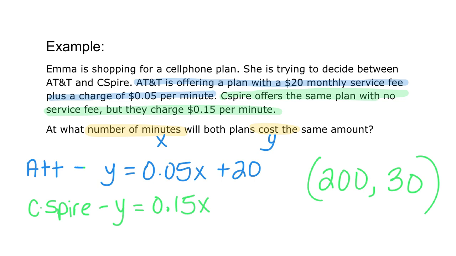So what that point means is that the x value is 200 for my situation, and the y value is 30. According to what I labeled here, 200 is minutes, 30 is dollars. So for both plans to be the same, they would have to use 200 minutes, and that cost would be $30.